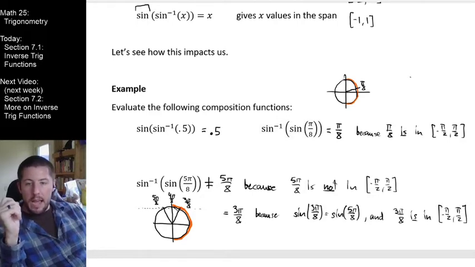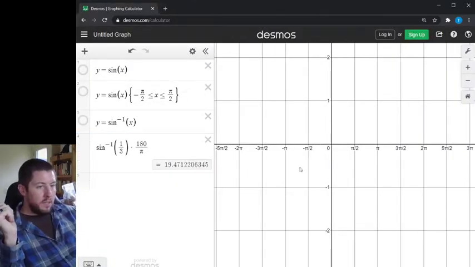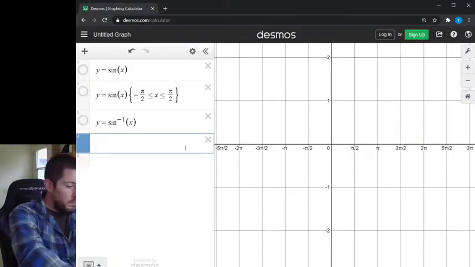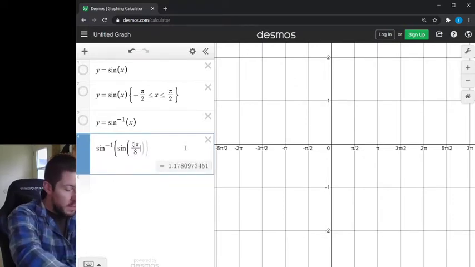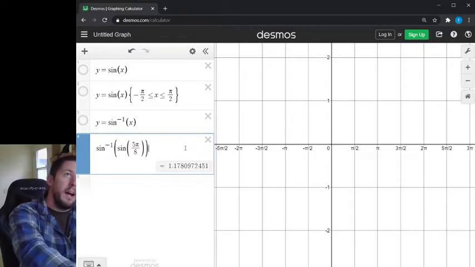So we want to know the sine inverse of sine of 5 pi eighths. So let's do this here. I want to know the sine inverse of sine of 5 pi eighths. And it's giving me an unfortunate decimal right there. I guess what I want to do is, that's an unfortunate way to show it.